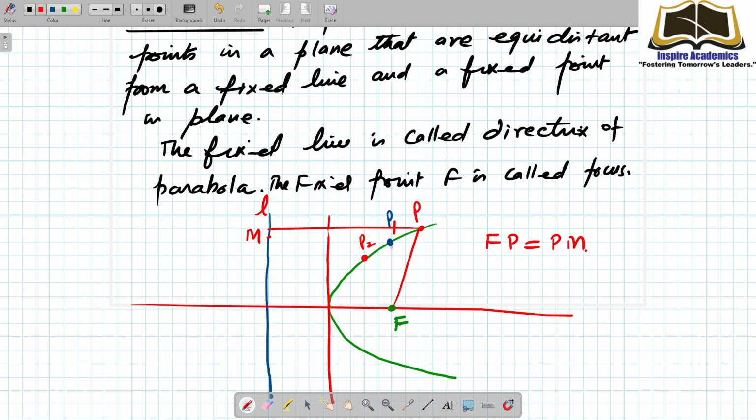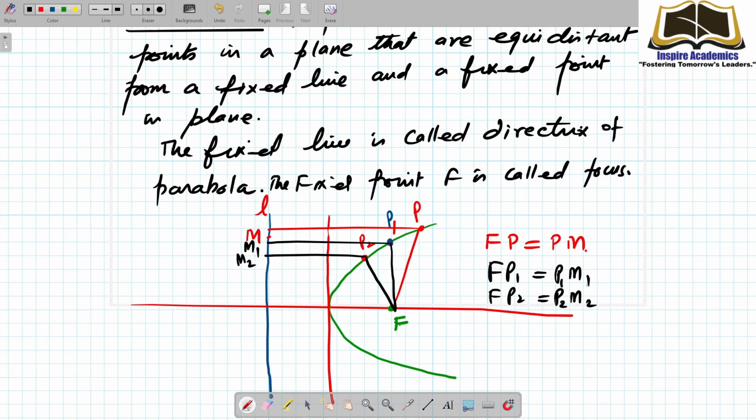Similarly, if I join the point P1, then I should get FP1 as M1. So FP1 should be equal to PM1, and so on. Here it will get M2. So FP2 should be equal to P2M2. Here P1M1.